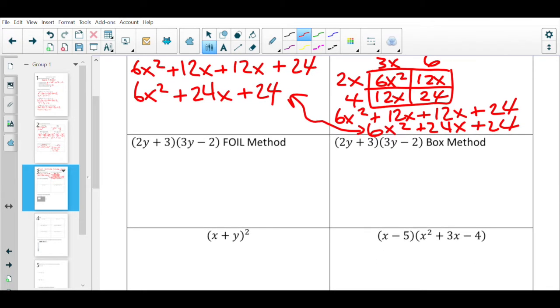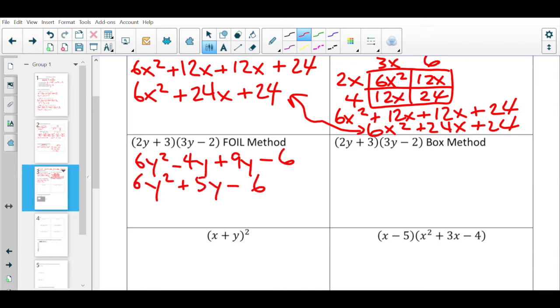Try another example, FOIL method, so that's 6y squared, that's the first. Outside is minus 4y, inside is plus 9y, and last is minus 6. So that's 6y squared, collecting like terms, plus 5y minus 6. Box method, 2y and 3, and 3y, and be careful here, that's a negative 2.